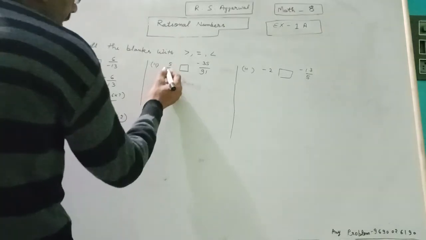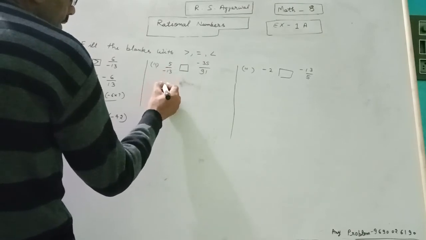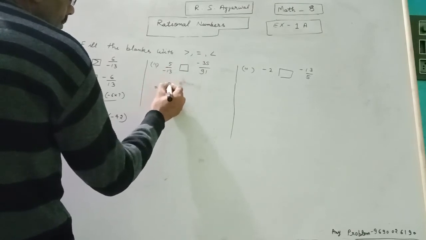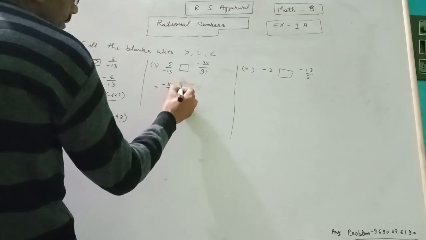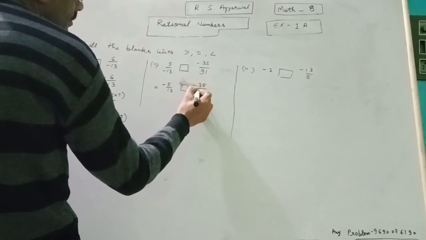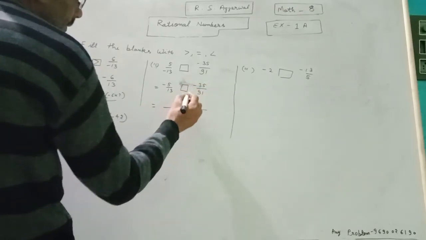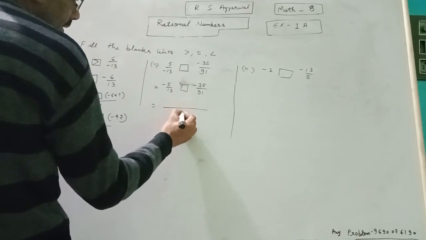Second part, minus note should be in the numerator: minus 5 upon 13, minus 35 upon 91. Taking the LCM, 13 and 91 is 91.